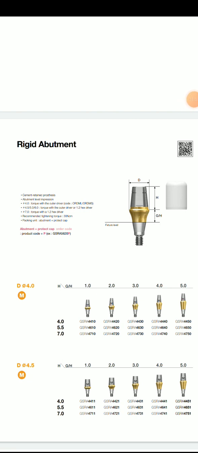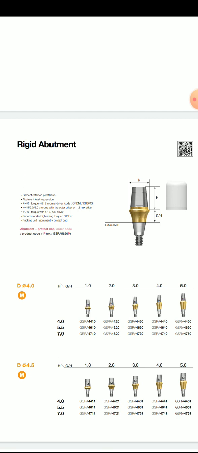The rigid abutment in the Osstem system is basically a single-piece abutment. It is used for cement-retained prosthesis. It is not a screw-retained prosthesis, so we can place a crown using cement only.